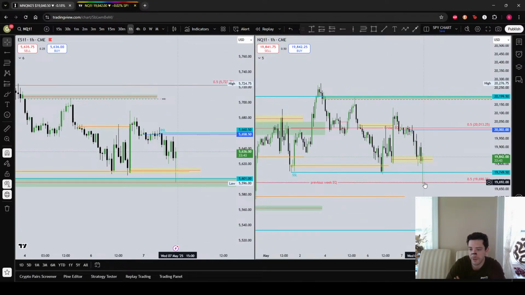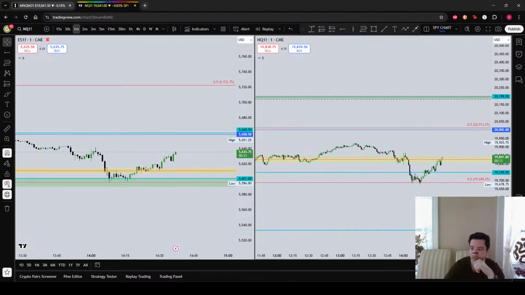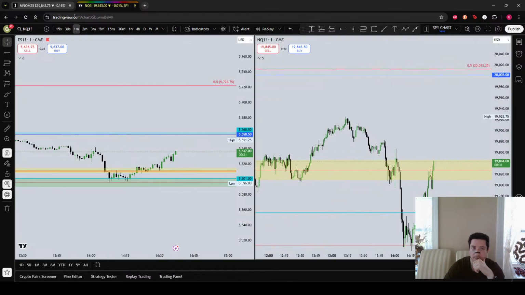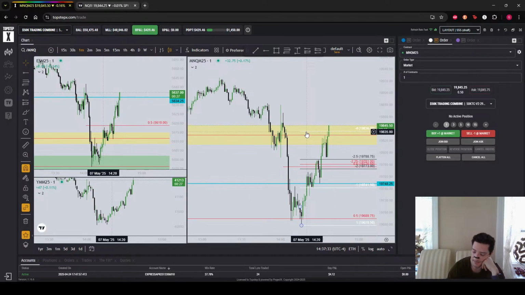So look at that move off of previous week equilibrium. Honestly, guys, all you need is the EQ levels of these large ranges, and it's so money. So let's see. We're starting to move past that 4. Could be starting to target the 1-minute manipulation leg now.